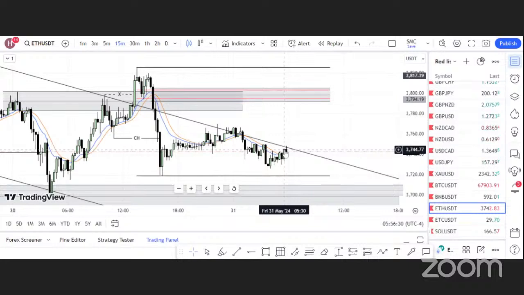So if at the end of the candle, a rejection was printed, then we can start considering a sell, right? But I doubt there's going to be a sell here, and the reason is because the candle formation here suggests a buy.